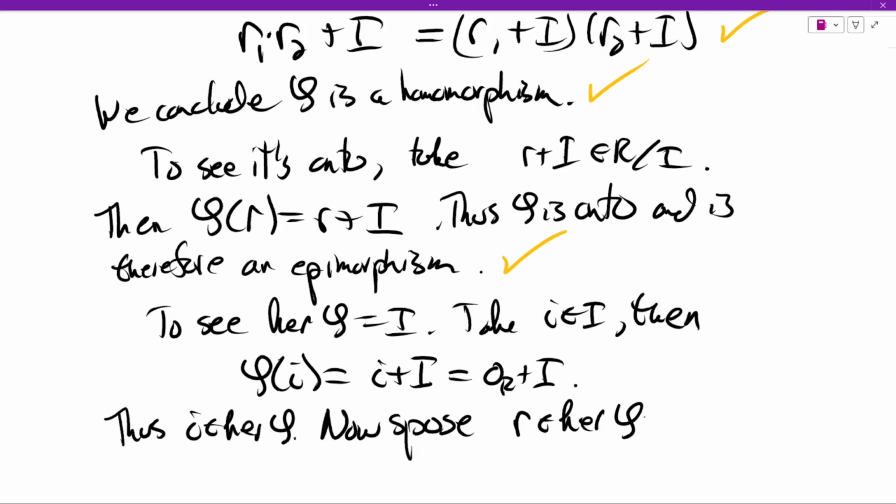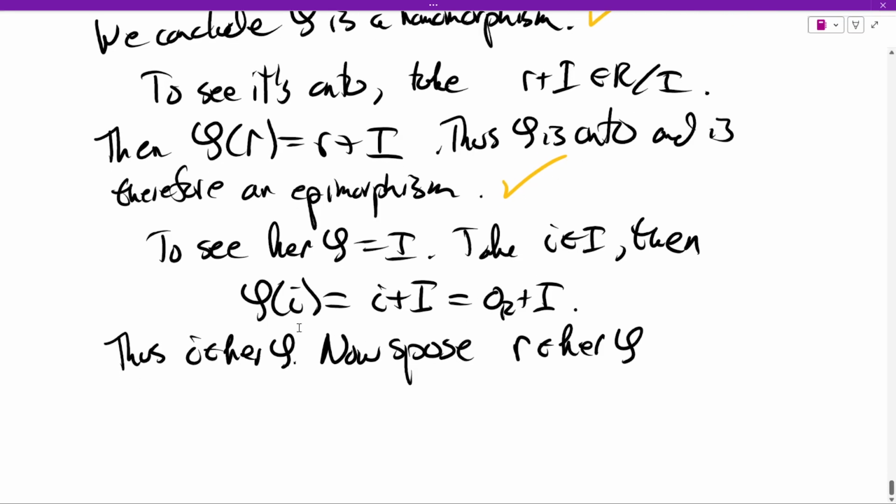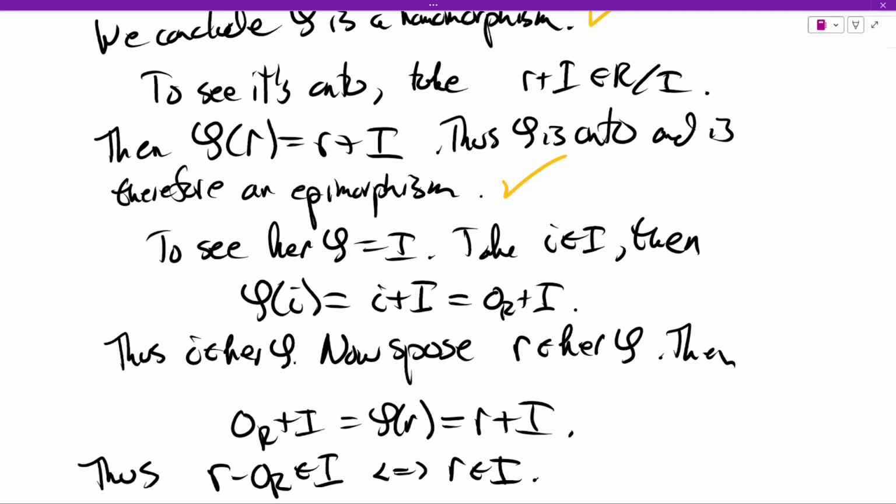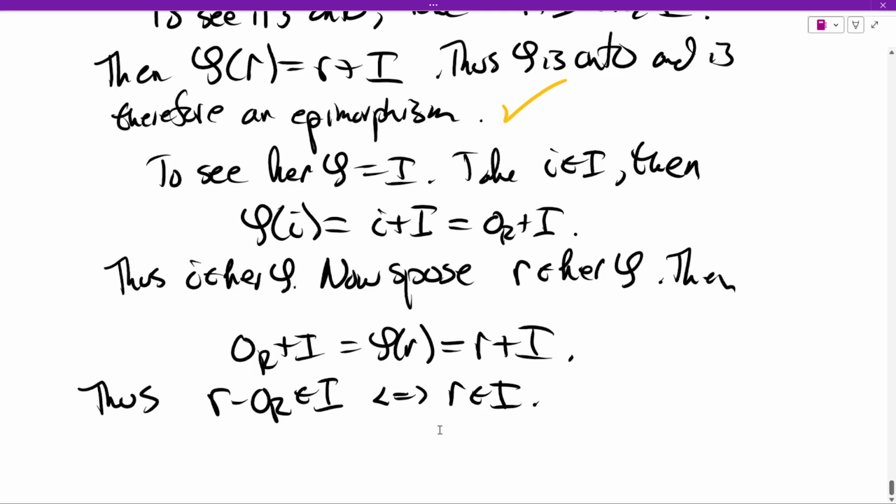We need to show r is in I to complete our double containment argument. Well, then 0 plus I is phi of r, because it's in the kernel, but it's also r plus I. So this tells us then that r minus 0 is an element of I, or equivalently, that r is in I. So we've shown that if you're in the ideal I, you're in the kernel, and if you're in the kernel, then you're in the ideal. So that's our double containment argument. So we conclude that the kernel of phi is equal to I.